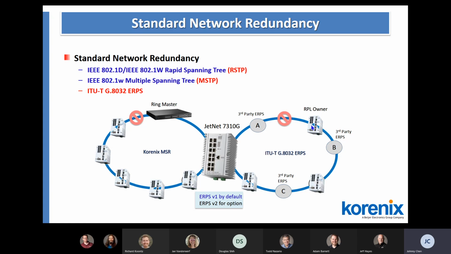And if you have a sub-ring or multi-ring, you have to use ERPS v2. But for now, we do not provide ERPS v2 on the outdoor switch, so you might need to confirm with our PM or confirm with me first for ERPS v2.